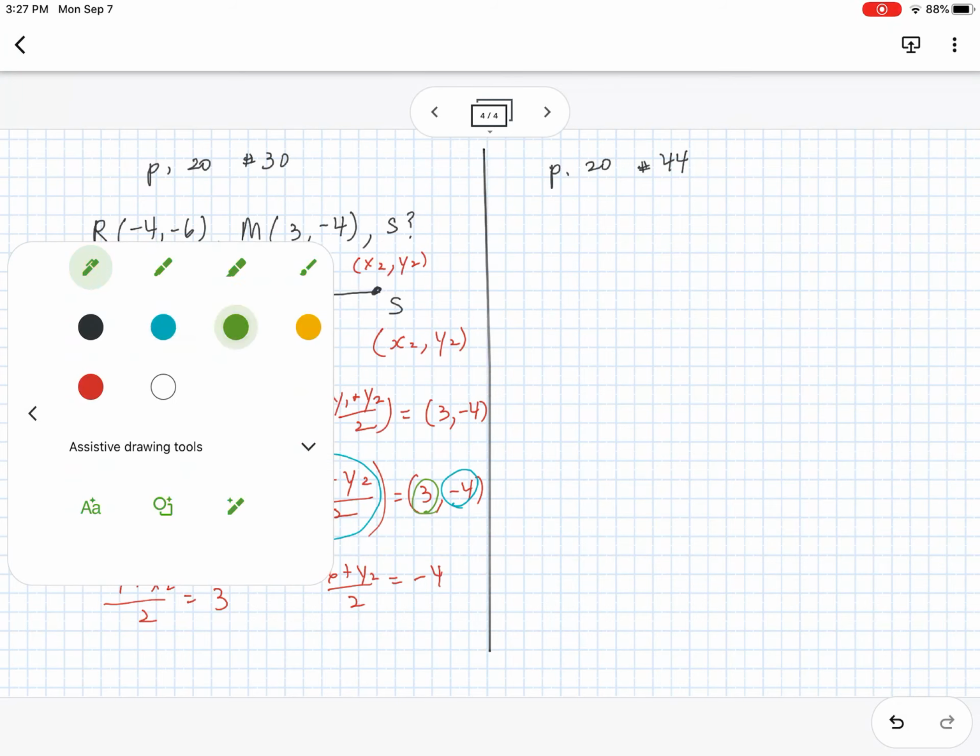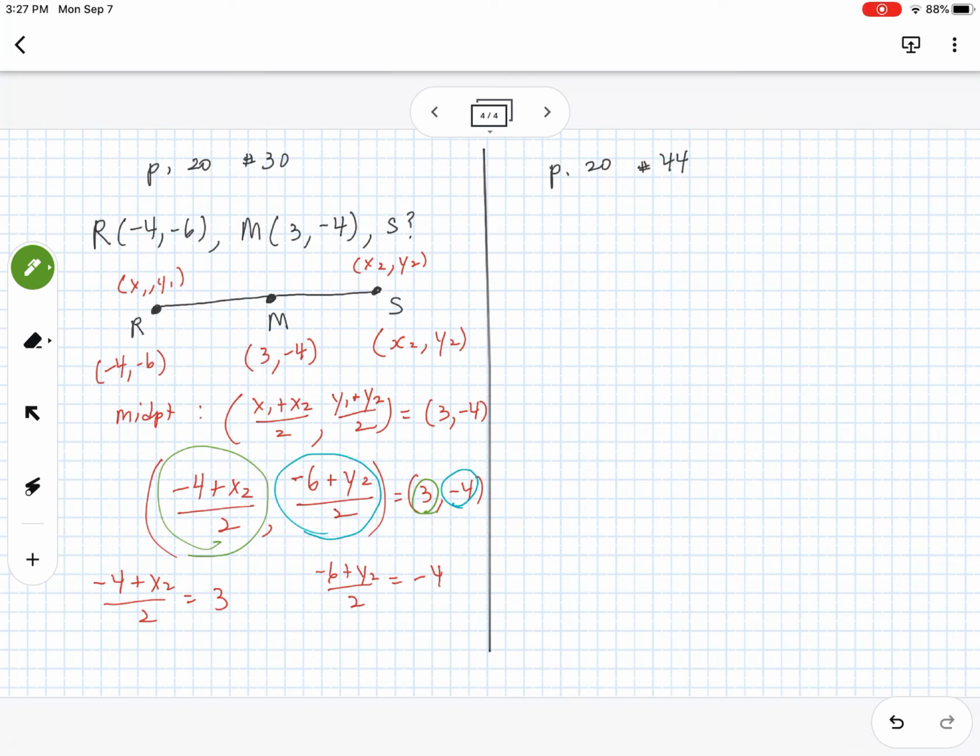And then from here, I do some algebra. So to solve this guy, what can I do? I can multiply by 2, right? So I can multiply by 2 over 1. So once again, negative 4 plus x2 equals 6. Then add 4, so x2 equals 10.